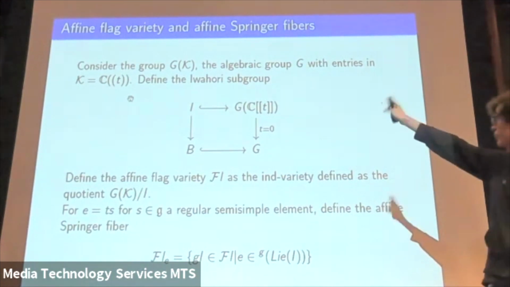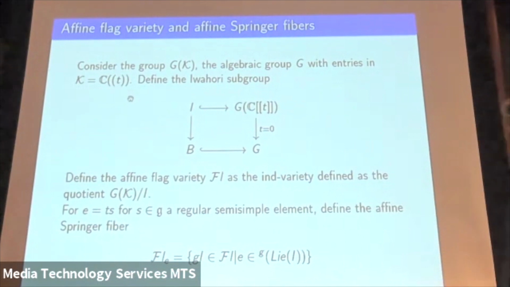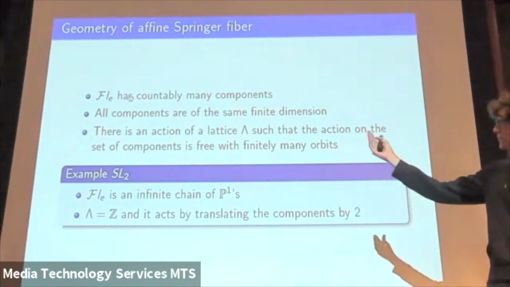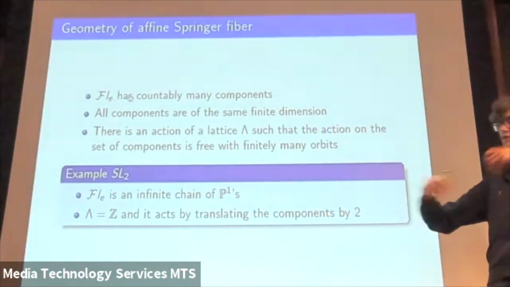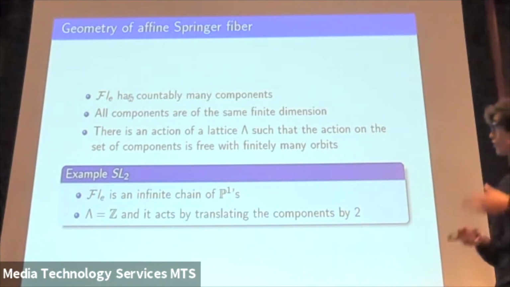And t is the parameter of these Laurent power series that appear here. But instead of the precise definition, I want to give a feel for what this affine Springer fiber looks like. So this Springer fiber has countably many components. So it's an infinite space in some sense, but each component is finite dimensional. In fact, they're all of the same dimension.